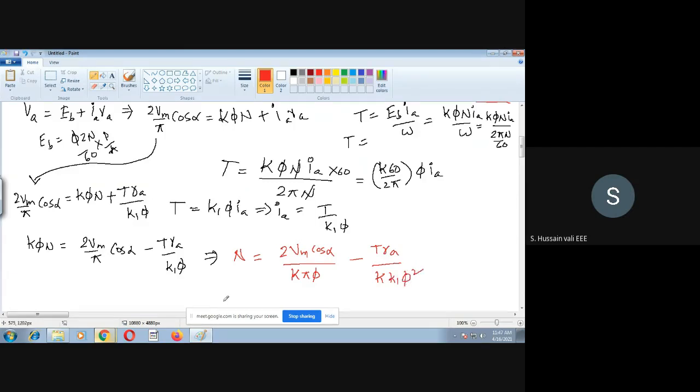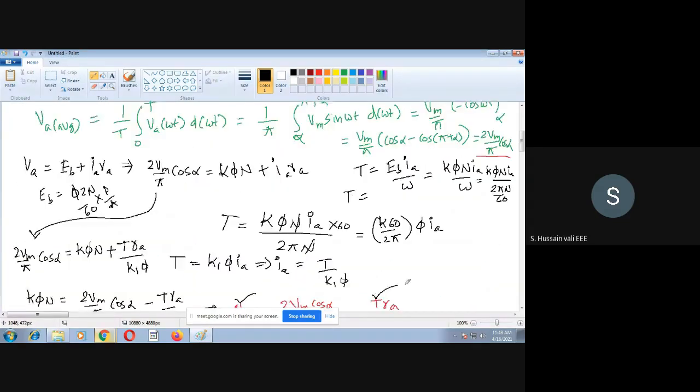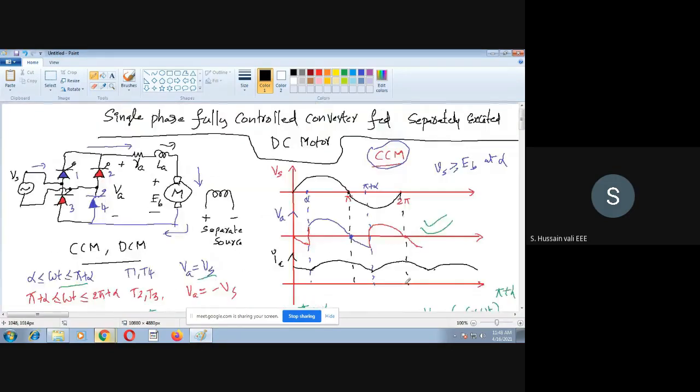Yes, we got this expression. This is a relationship between speed and torque. So at the end we can draw the graph also for this relationship. This is for the continuous conduction mode. Now we'll go for discontinuous conduction mode.